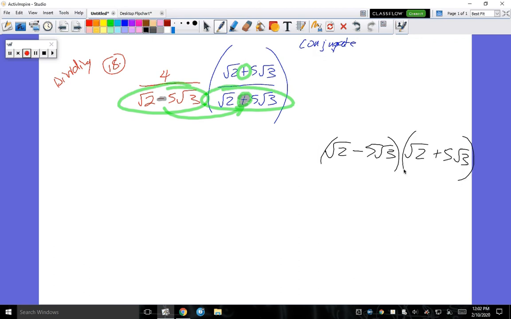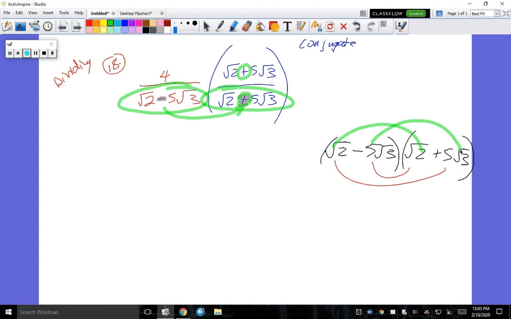so that I could see, look at this. The outside is a positive 5 root 6. The inside is a negative 5 root 6. Those will add to be 0. So there's no b term. Now, what will the first terms give me? 2. This will give me a negative what? 75.